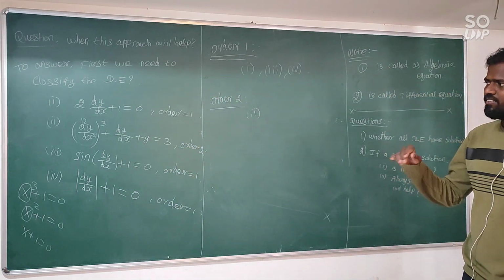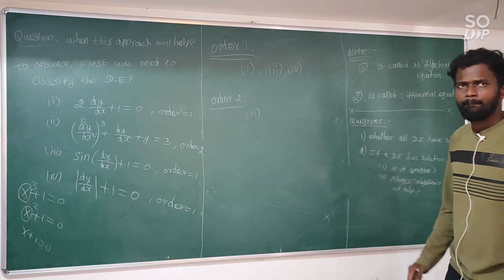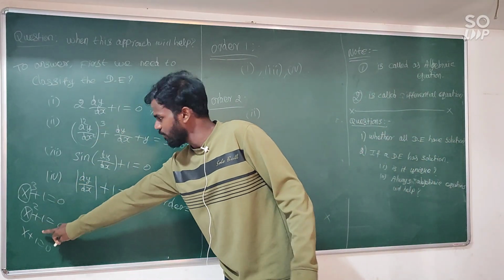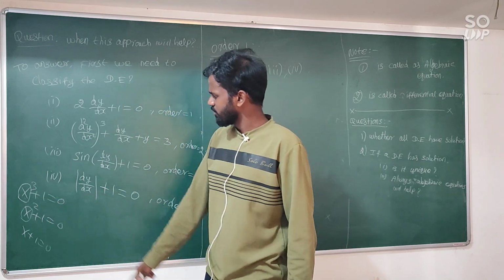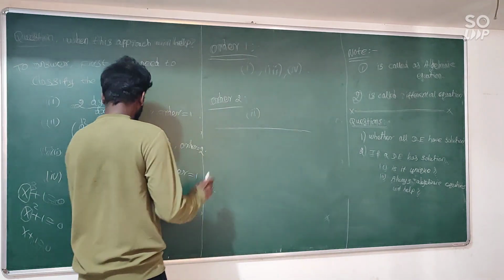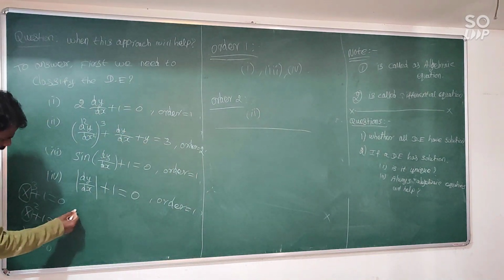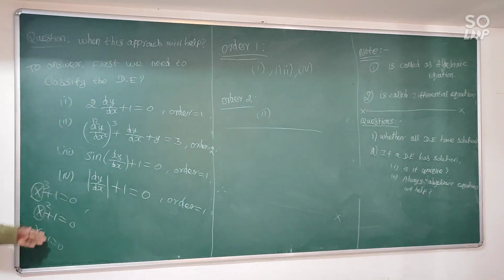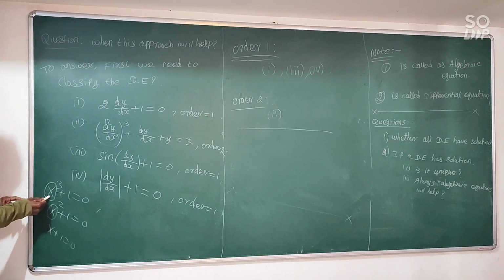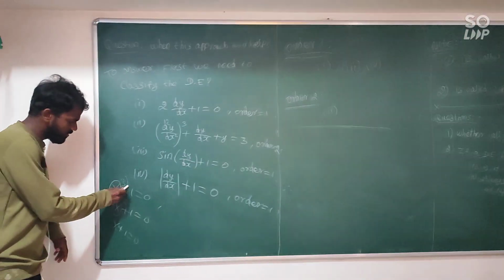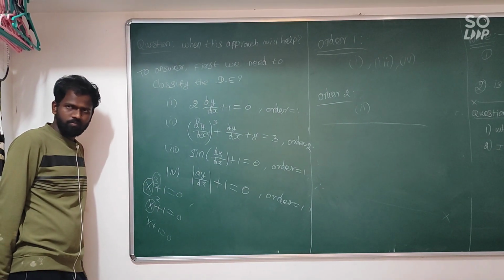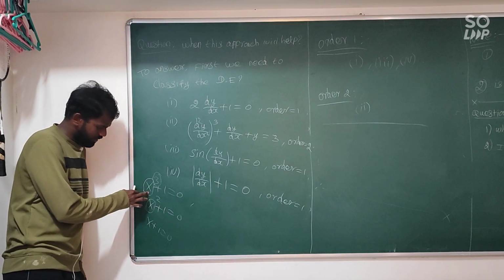Is there any other way we can classify it? Yes. You can observe, as we said over here, x cube plus 1. Suppose you have a polynomial. In a polynomial, x is a variable, and what is this 3? It is a power.